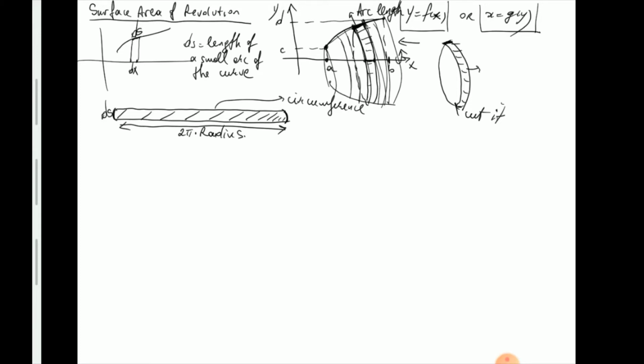So therefore, the area of the strip is going to be 2 pi times the radius times ds, which is the arc length.